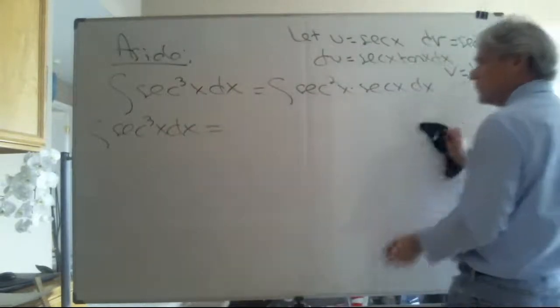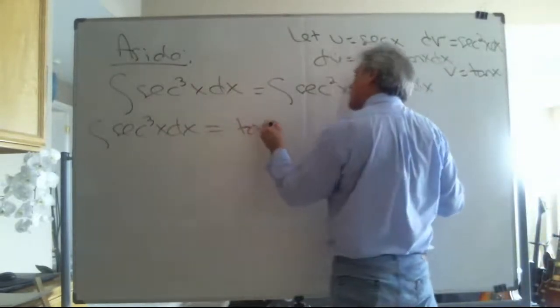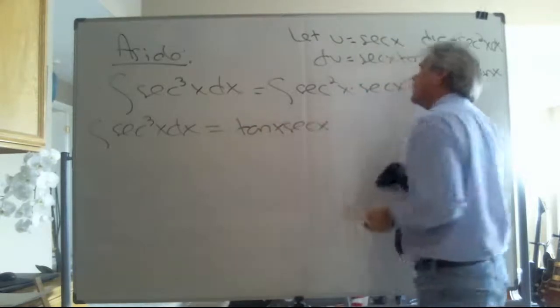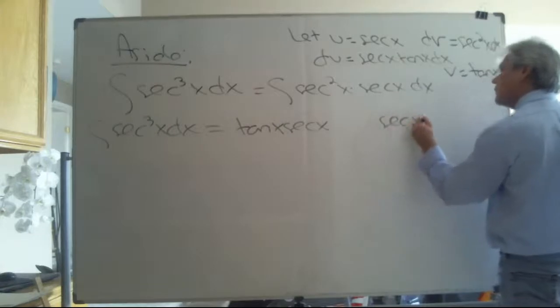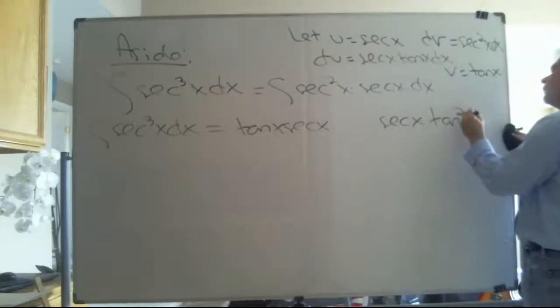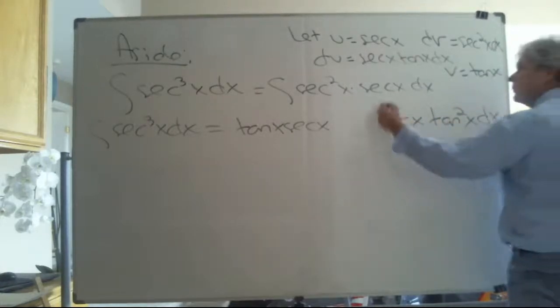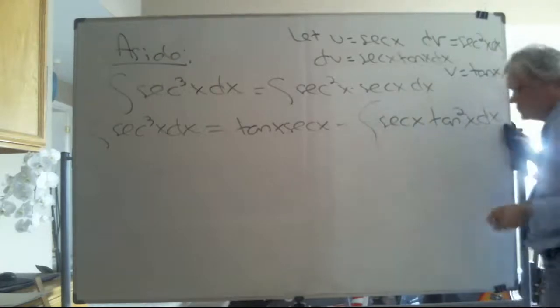U times V is this. My V du is this. And I'm integrating it and subtracting.